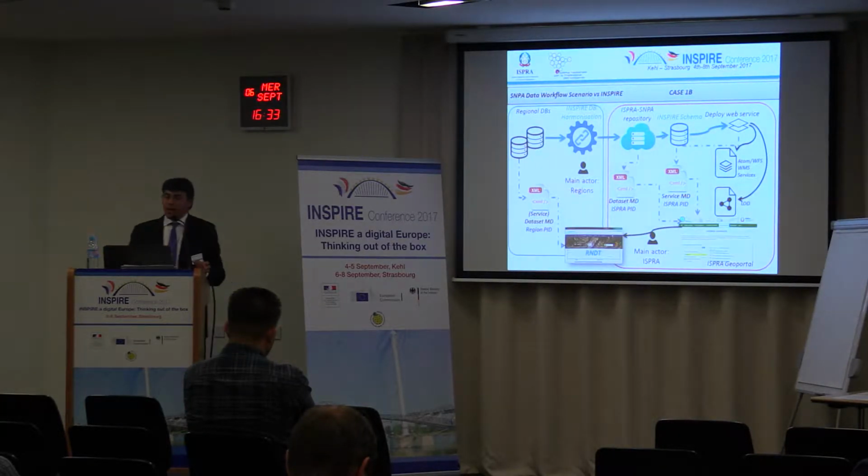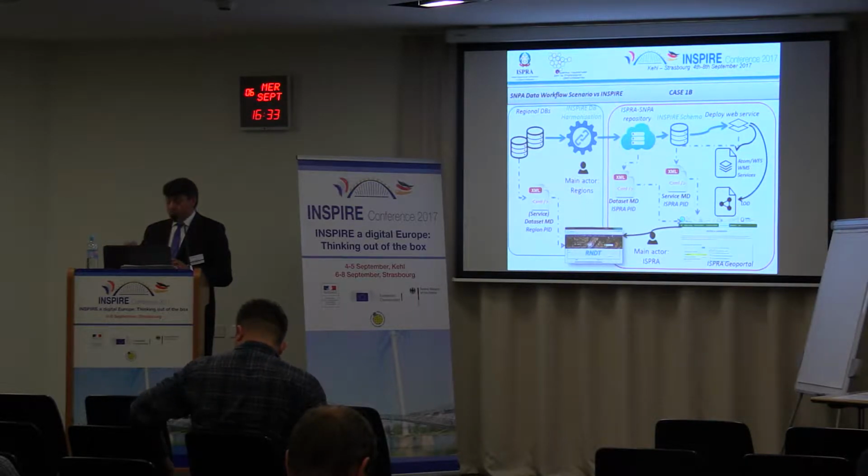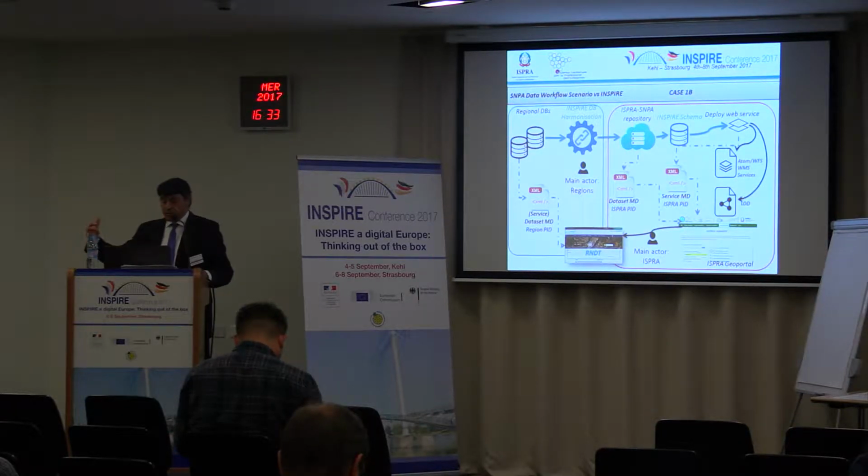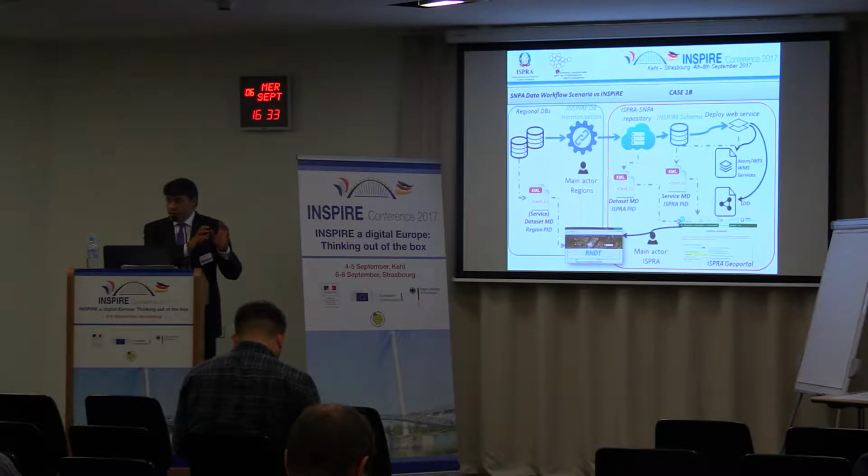The more complex one is when we have the regional level. The regions, in some cases, provide data harmonized in INSPIRE directly to ISPRA. ISPRA is the central lab. But in some cases, they produce the metadata directly and publish it in their catalogs. So the dataset metadata is published directly in the national catalog, but the data is collected at the national level to create a layer.